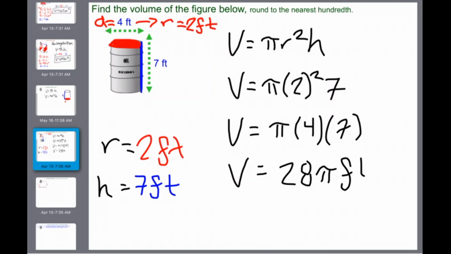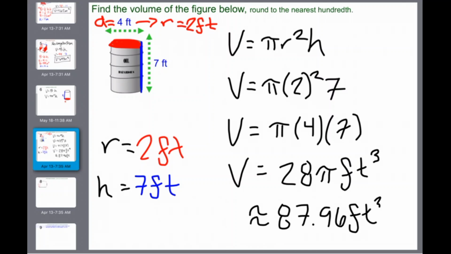So we can either leave it as 28 pi feet cubed, or we can approximate, which is going to be about 87.96 feet cubed for this volume.